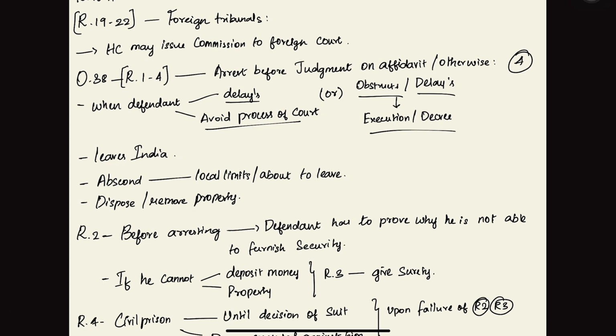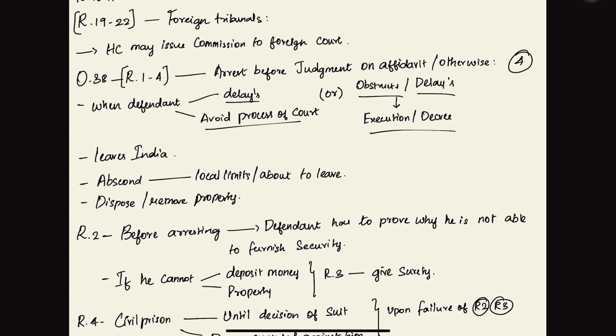Order 38, Rule 1 to 4 deals with arrest before judgment on affidavit or otherwise. That is the fourth interim order. When the defendant delays or avoids the process of the court, these are the grounds on which arrest of the defendant can be done.